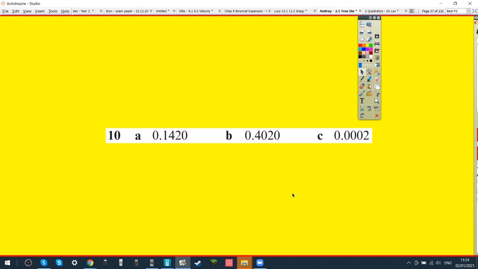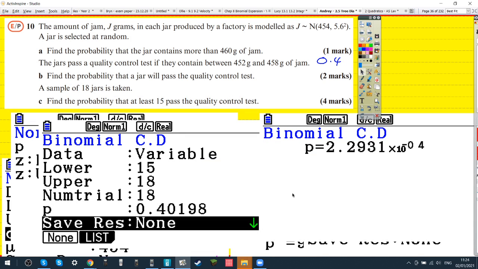By the way, when doing binomial distribution, is the num trial always the same as the upper? No. That's just because they're saying 2 or more. If they had asked what's the probability that between 15 and 17 pass, then the lower would be 15, the upper would be 17, and the n would be 18, out of 18.